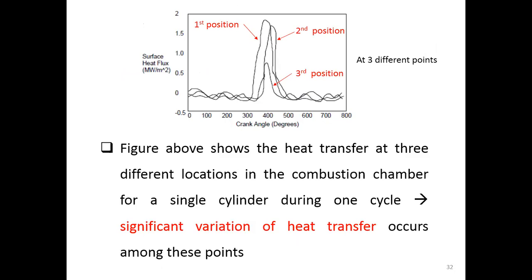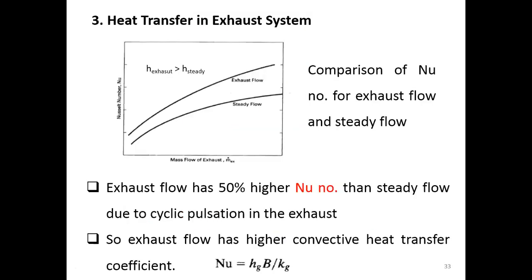So you have a significant variation in the amount of heat transfer, even though it happened in the same cycle. For different locations the amount differs, but for the same location on different cycles, it's the same. So this is the heat transfer behavior during the cycles.